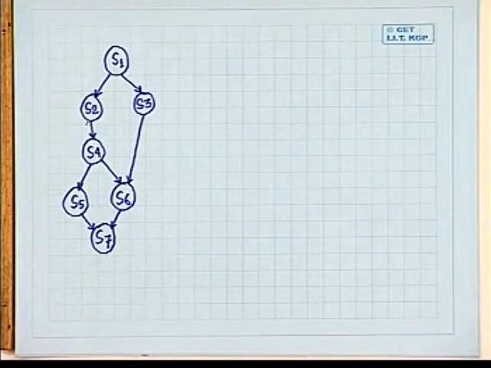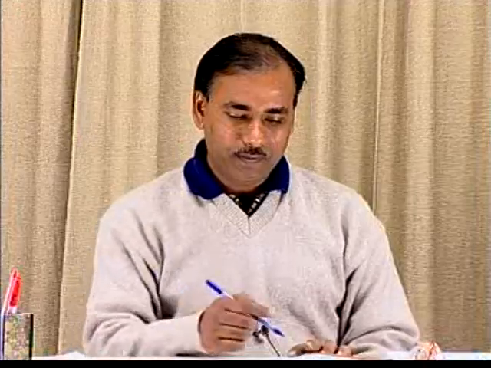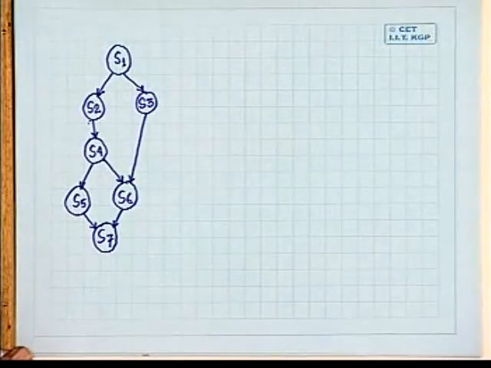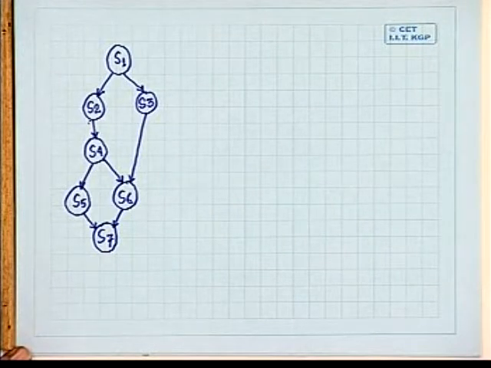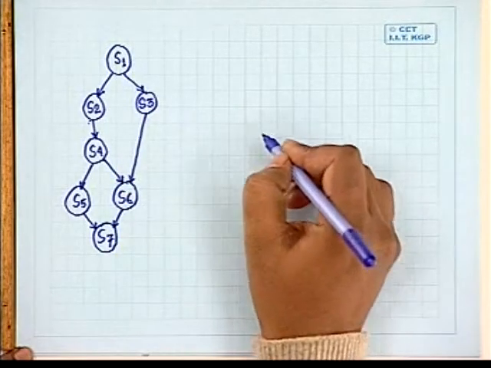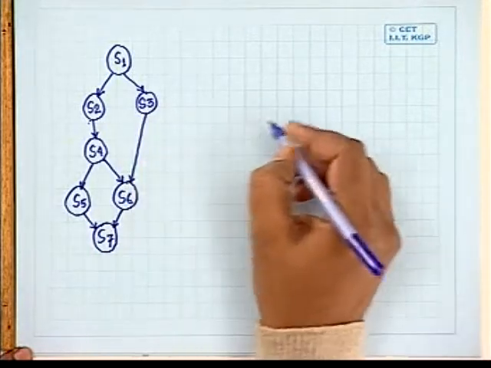Okay. How can you do it? We can assume that each of these statements is to be executed by an independent process, and you synchronize the processes as required. Okay.